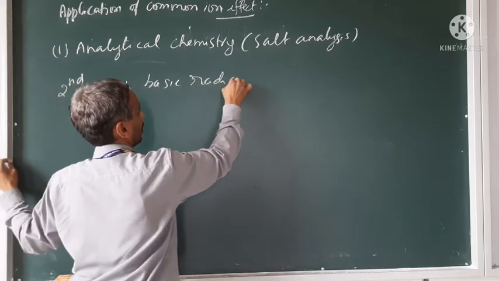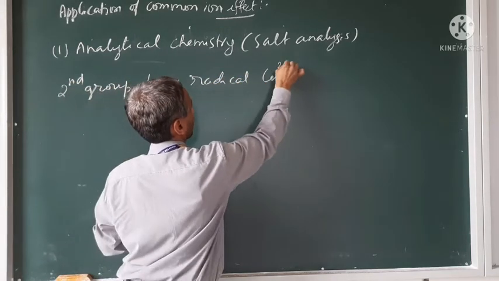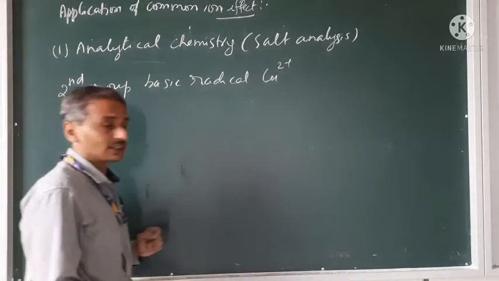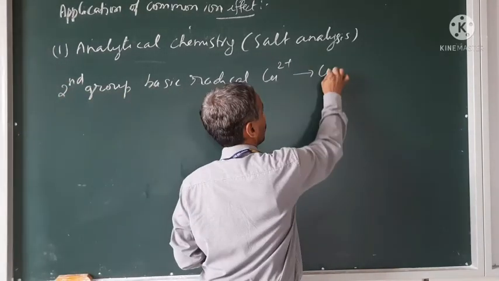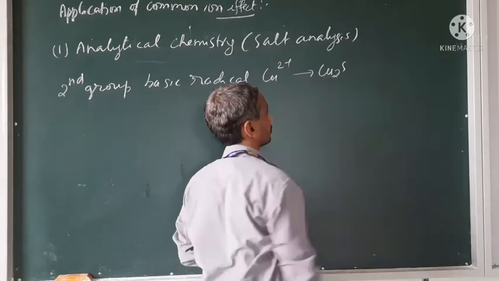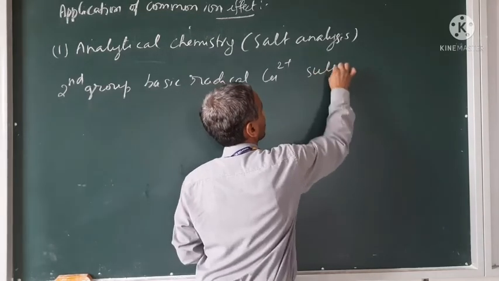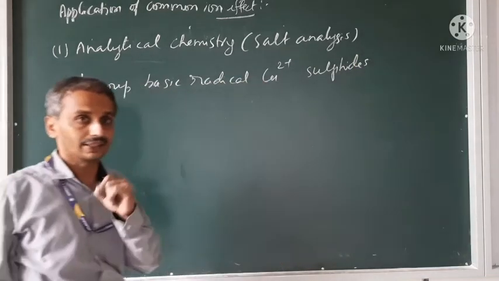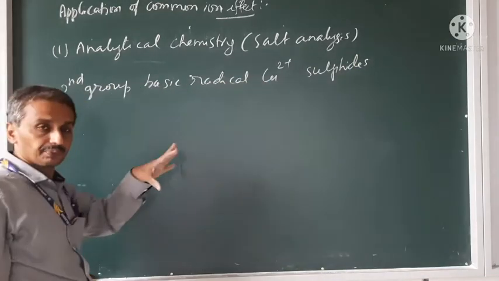What are they? I have copper 2+ etc. And they are precipitated as sulfides in the second group.